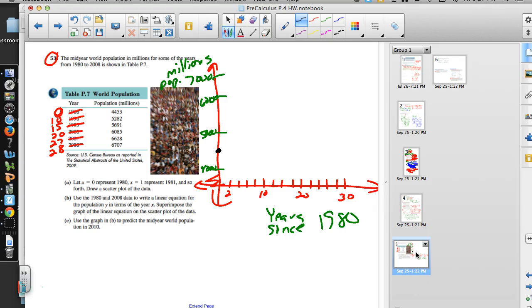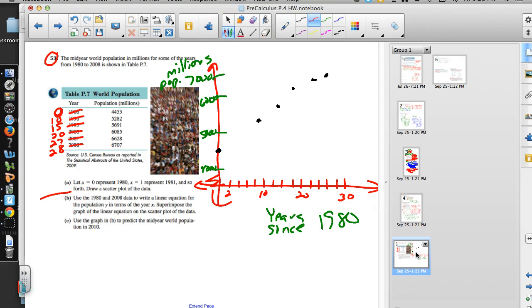And then 10 is 5,282. 15 is at 5,691. 20, 6,085. 27 is at 6,628, and 28 is at 6,707. So there's a by hand scatter plot for A.